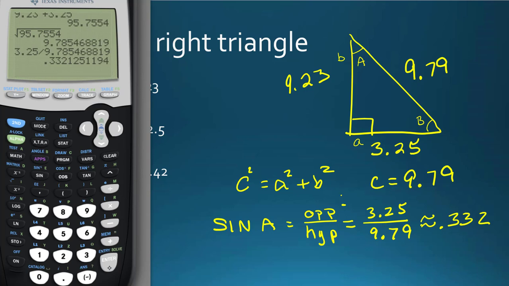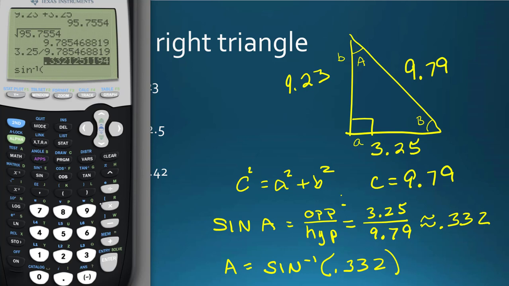So in order to get the actual value for A, I can take the inverse sine of both sides, which gives me that A is equal to the inverse sine of 0.332. For me, it's the second button, inverse sine. Yours might say a sine for arc sine.